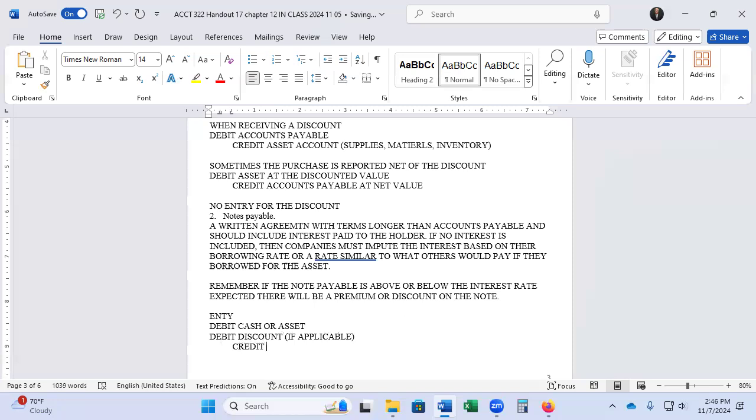Credit note payable for the liability, and if applicable, credit premium on note payable. Again, if applicable. So you'll only use one of those. You'll either use a discount or a premium. You won't have both.